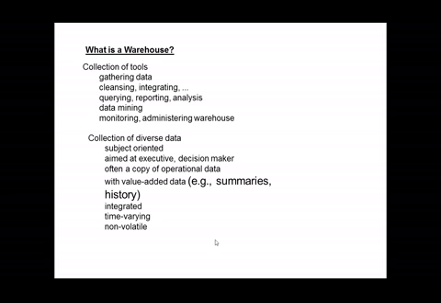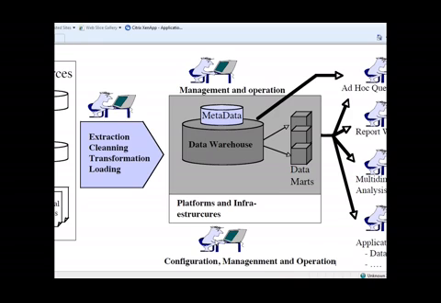Okay, for those who don't know, I gave here what a warehouse is and what we are trying to do. If you see this, I'm doing these operations: extraction, cleaning, transformation, loading, and then I'm in a warehouse.